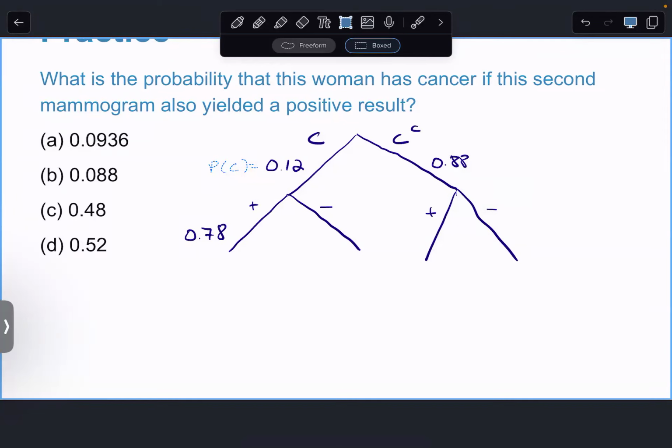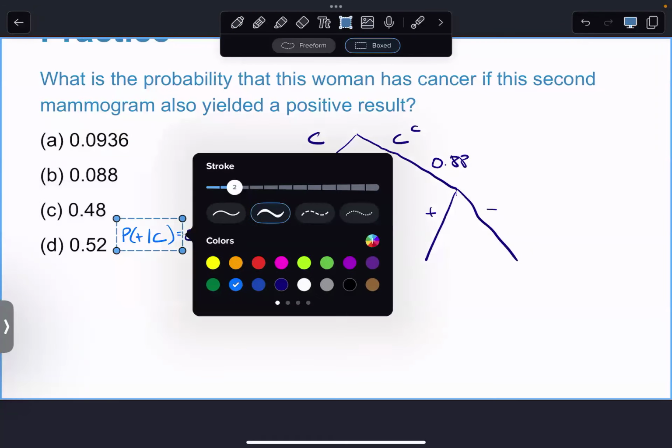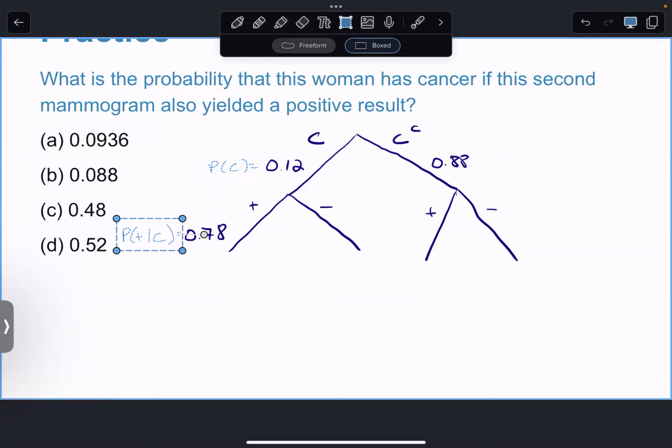Ghosts of notation past. How about this one? This is technically the probability of a positive given cancer, but again, I'll do it in ghost style, because I don't even write it anymore. Okay.